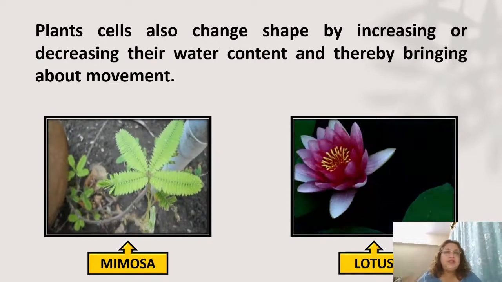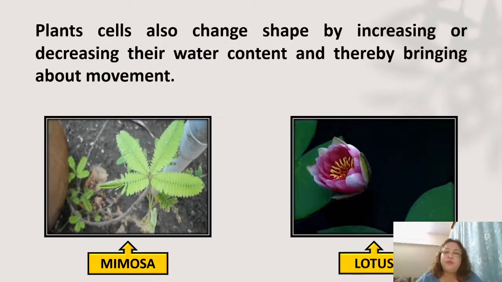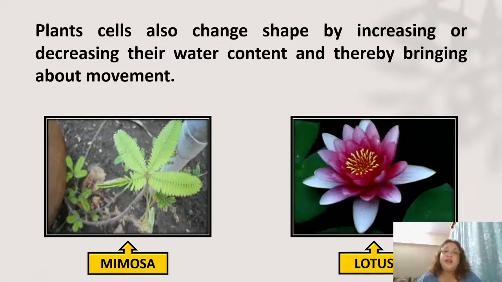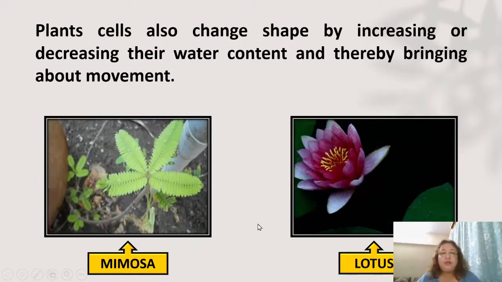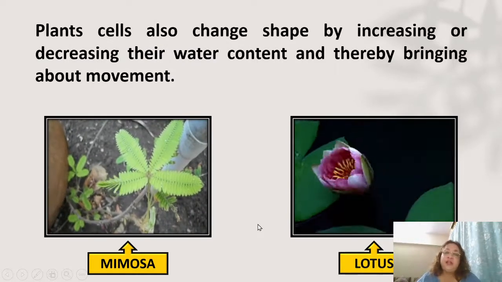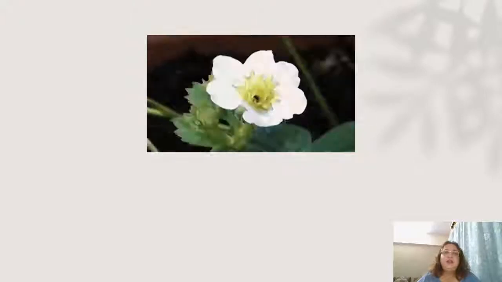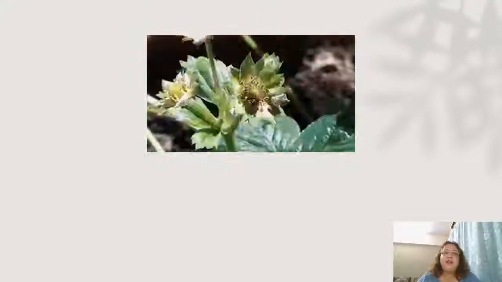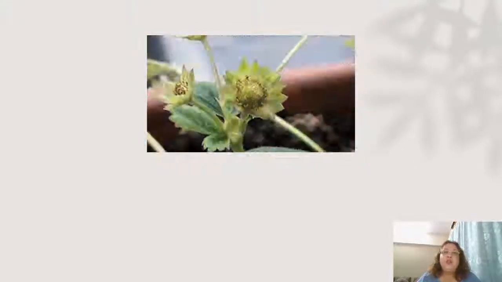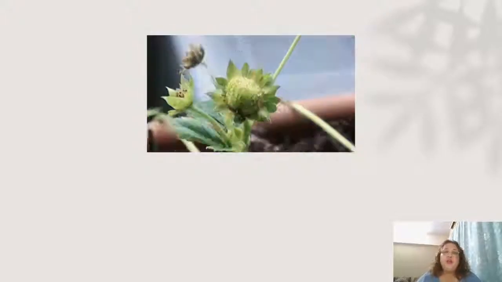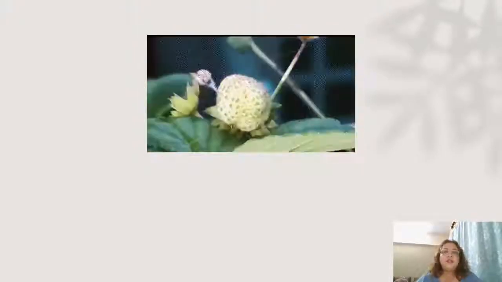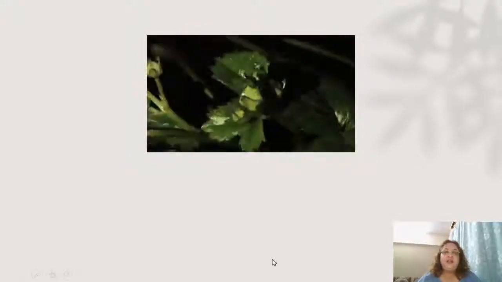They are the movements taking place either by change in hormones or change in the water content, and therefore these are also examples of growth irrelevant movements. And here you will see this plant showing growth relevant movements, from a plant bearing flowers and finally the fruit.